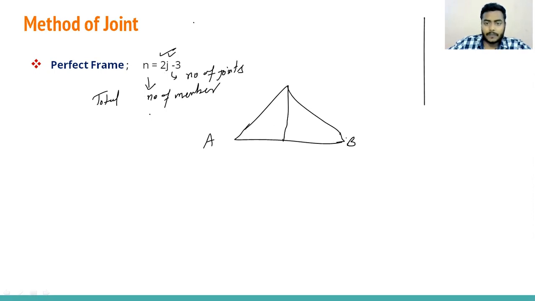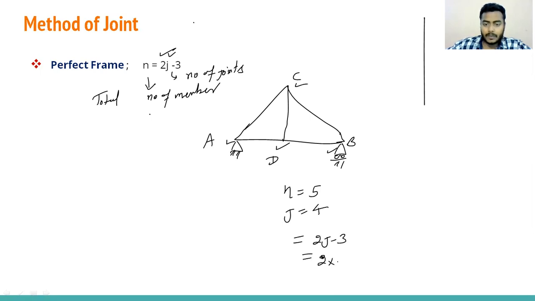suppose this is a frame or truss, we can say, right? Here the number of members is 1, 2, 3, 4, 5. The number of joints is 1, 2, 3, 4. So we can calculate 2j minus 3, that is 2 into 4 minus 3.